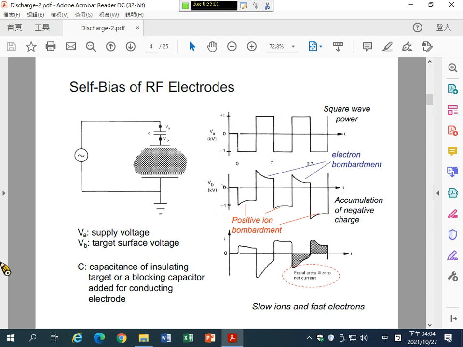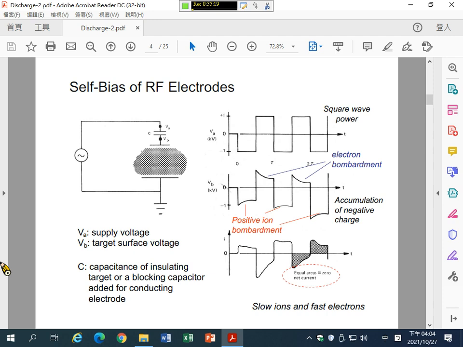But if we place a blocking capacitor here and generate a capacitive plasma, then we can analyze the voltage on the top electrode, VB here.